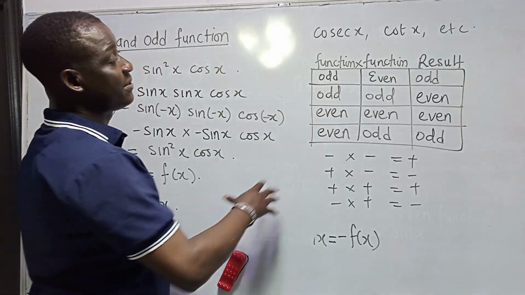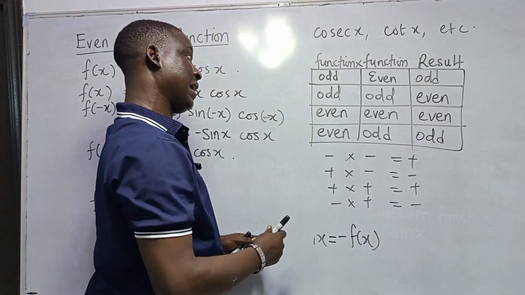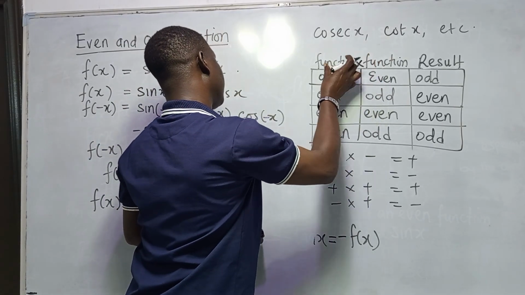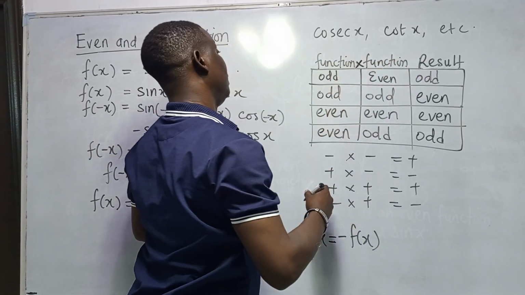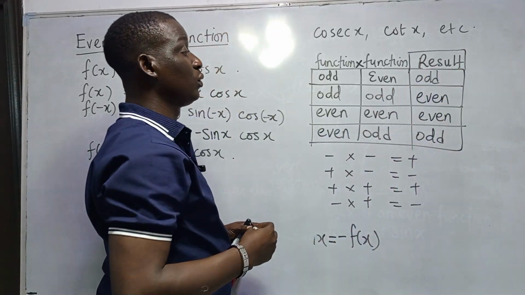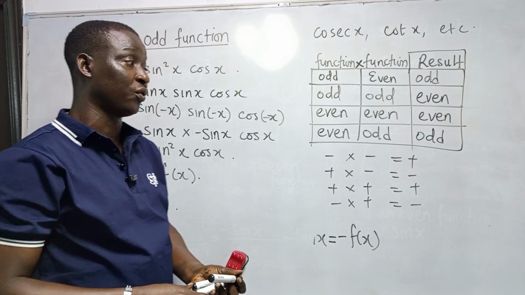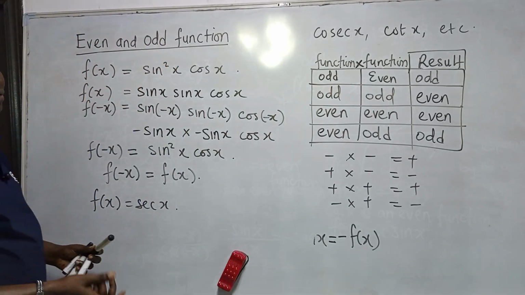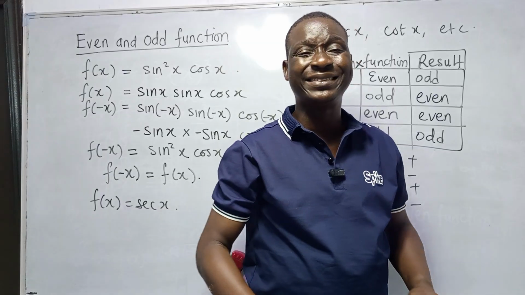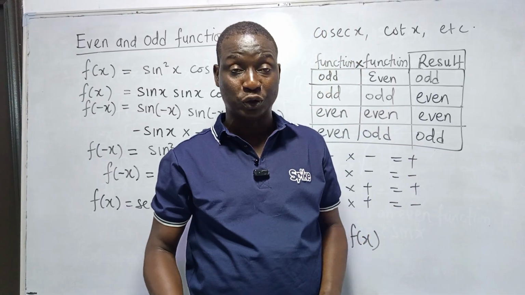So I believe this shortcut table can help us. This function multiplied by another function, this is the result you are going to have. You can use this table to do a lot. There are other functions that are neither even nor odd.